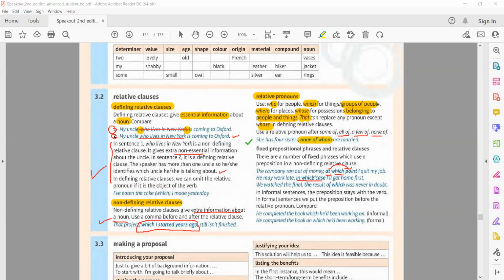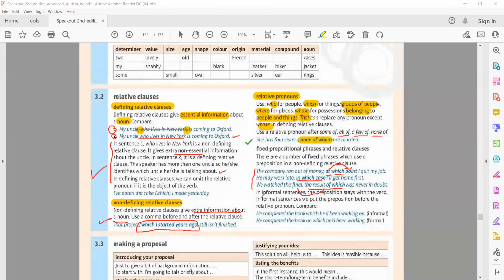In which case, it means in that case, I will get home first. Okay, this is again very formal. And another one: he watched the final, the result of which, of course, this is referring to the final match, or the result of which was never in doubt. Again, these 3 sentences are using a very academic and advanced style.